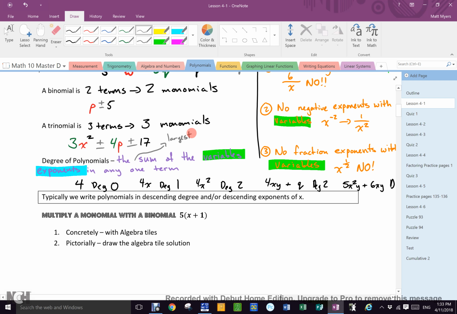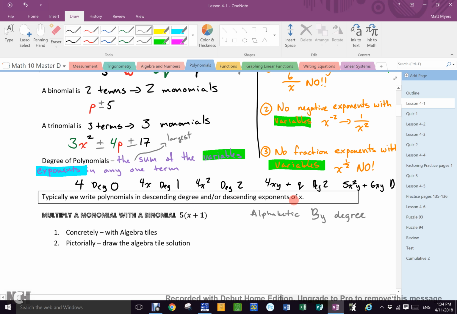Okay, now for you people, your polynomials are going to be so small that this doesn't really matter. But if you go further in math, you sometimes get some giant polynomials. And just to keep the math tidy, we like to write them in a special way. We write them alphabetically by degree.